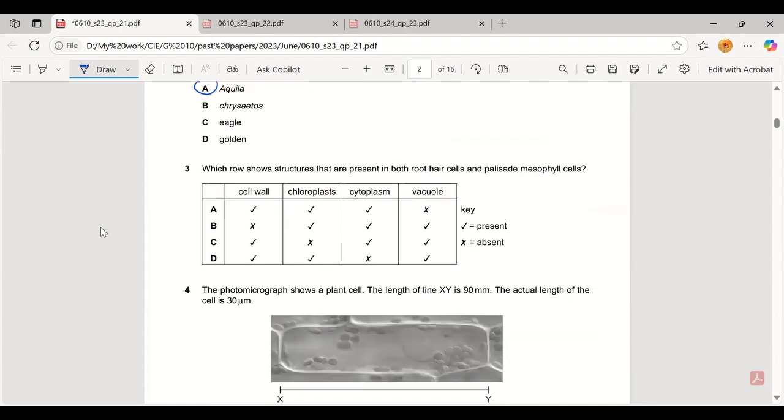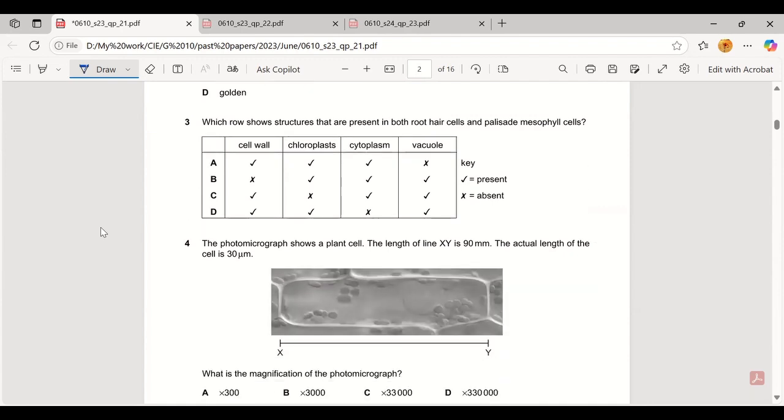Which row shows structures that are present in both root hair cells and palisade mesophyll? Maryam. C.